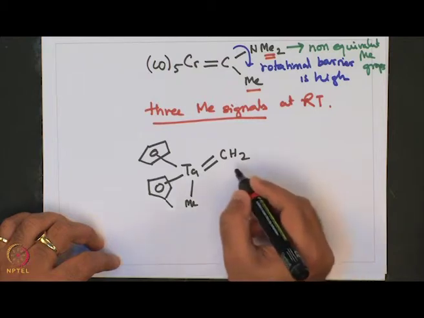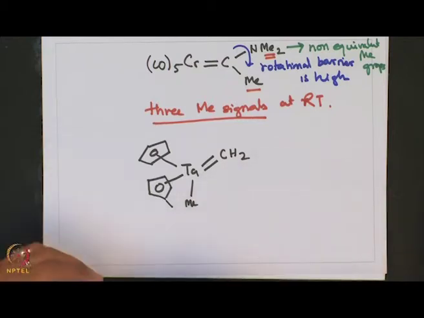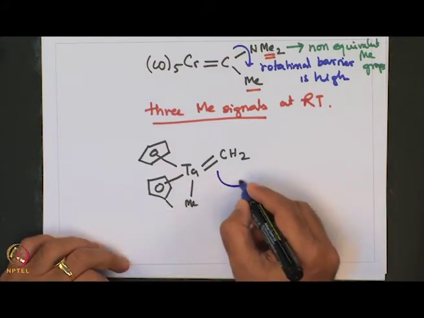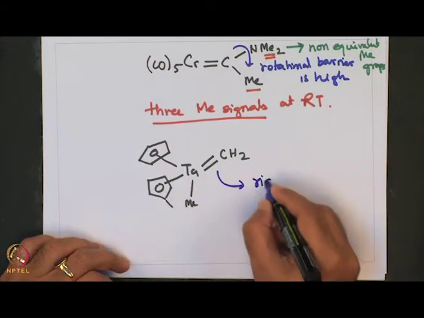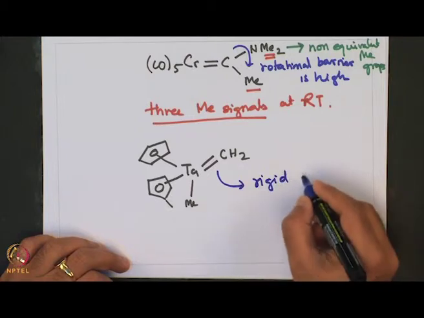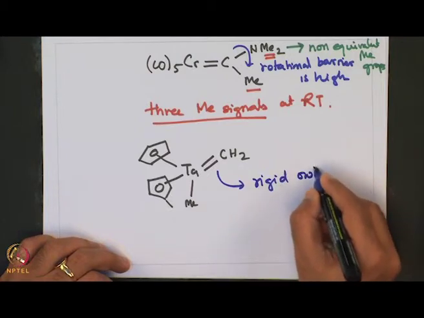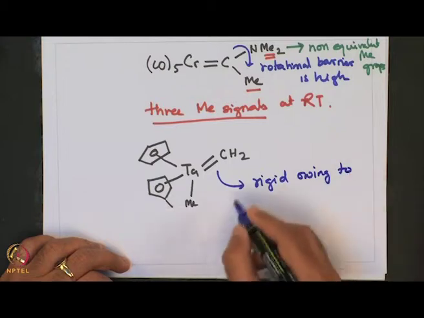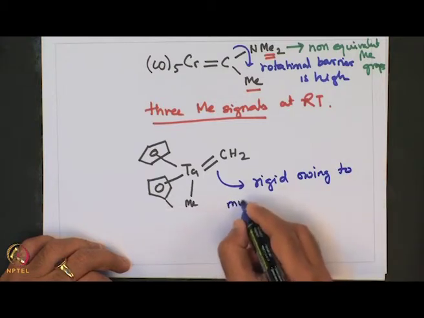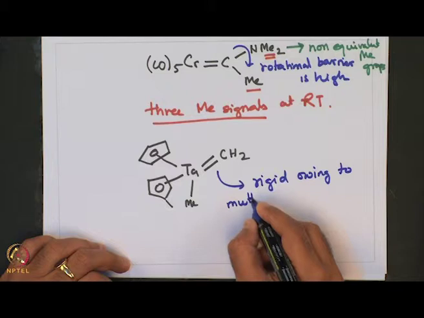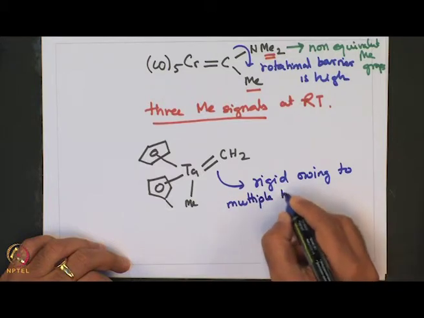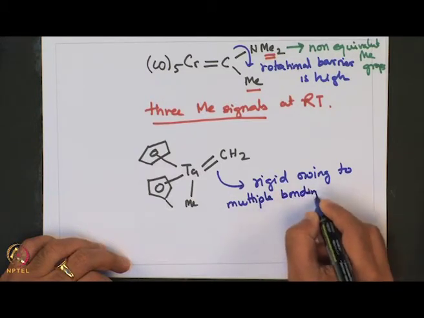Okay. Now, this CMCR2 is very rigid. This is rigid owing to multiple bonding nature.